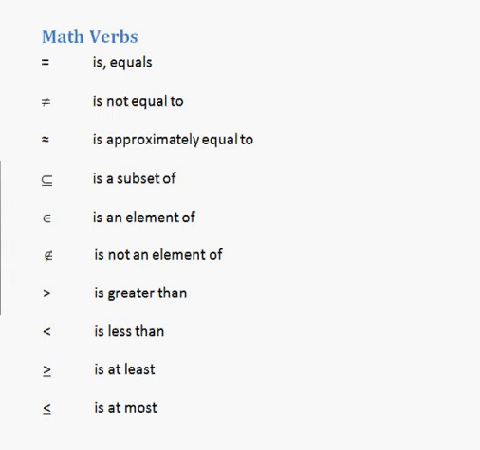We talked about a few of these other things before that deal with sets. So we have is a subset, is an element of, is not an element of. We haven't got to our inequalities yet, but we'll get to those later.